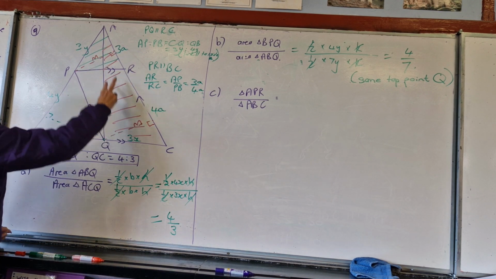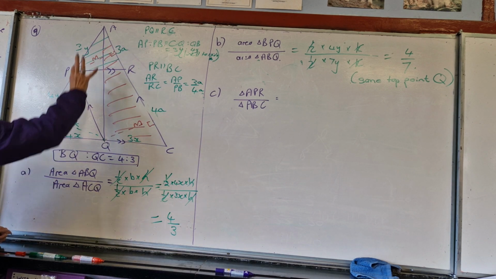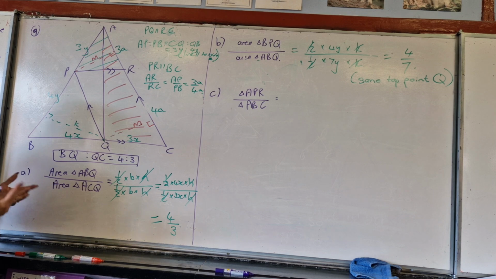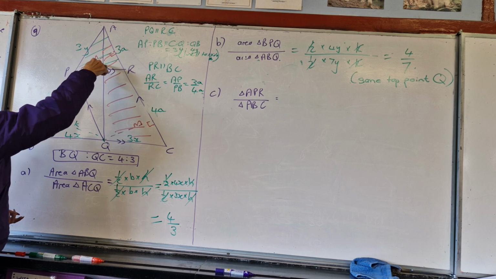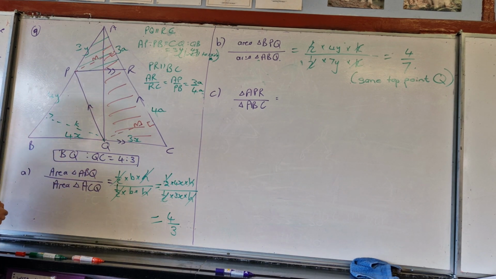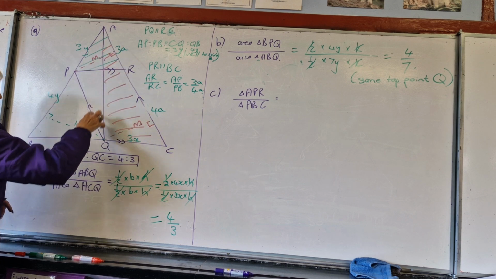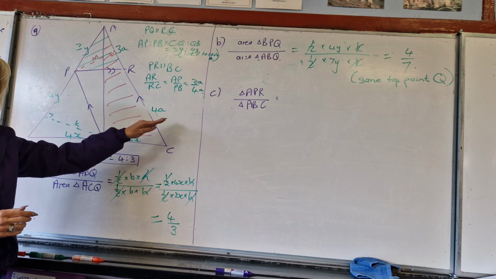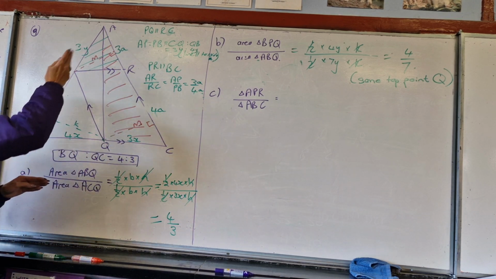But then what has this got to do with the original one? A, B, C. This red one and the big A, B, C have the same height again, working from top point A. For this triangle, the height would be, and I think you guys are getting confused because I can work with this as my base and this as my height, and in the same triangle, work with this as the base and that as the height.